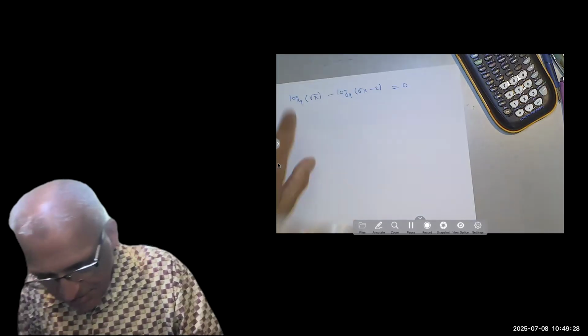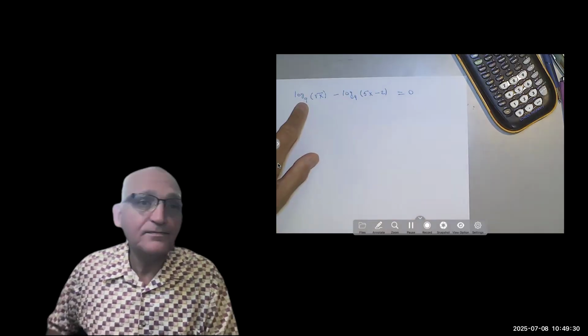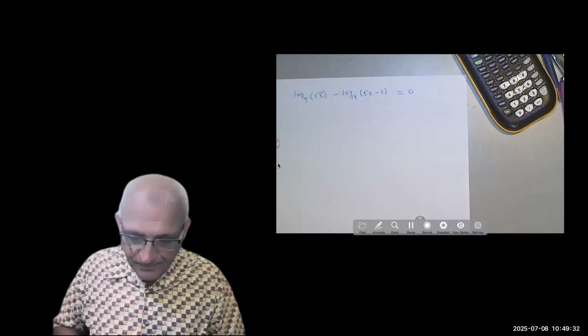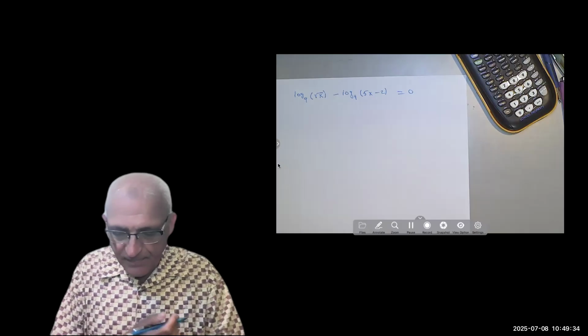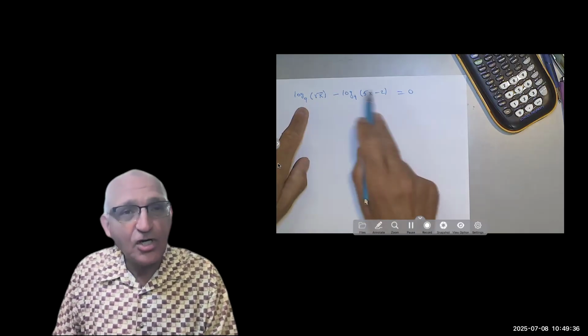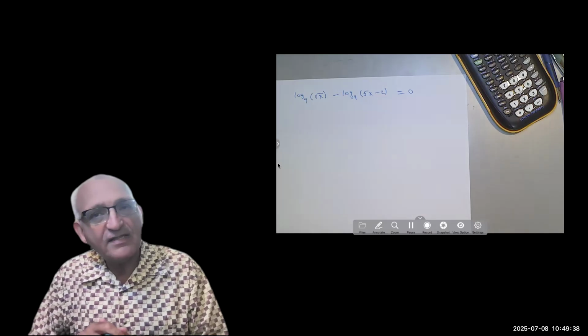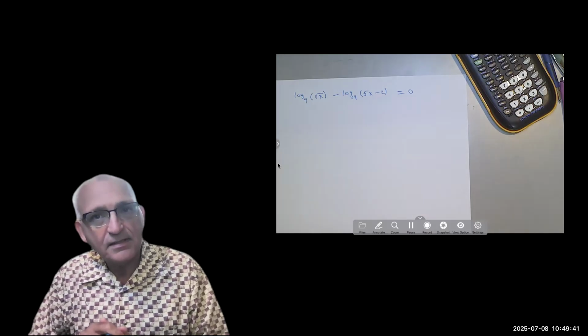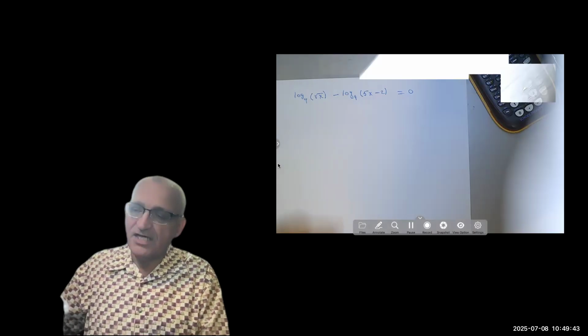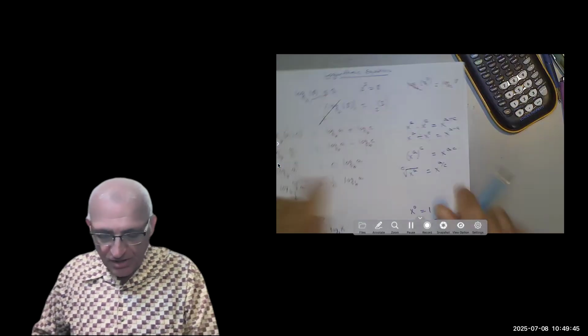Now, how do I get rid of log? First of all, I have log minus log. Remember how we simplified that? It's the opposite of what we showed you here.